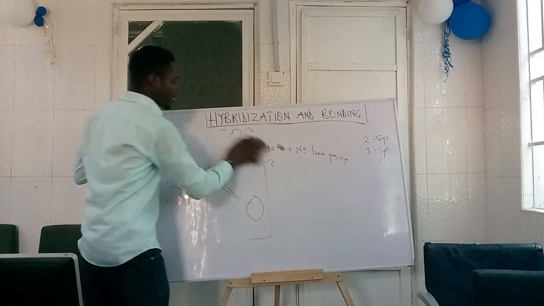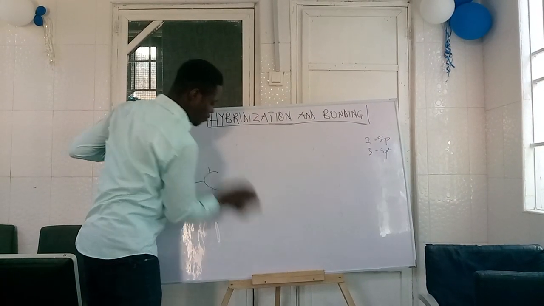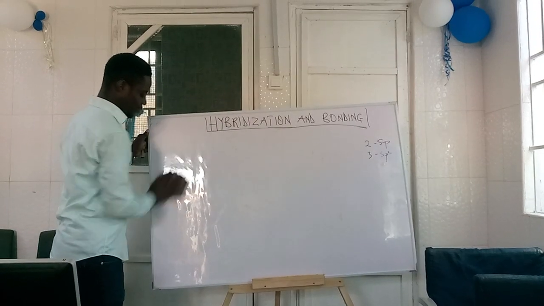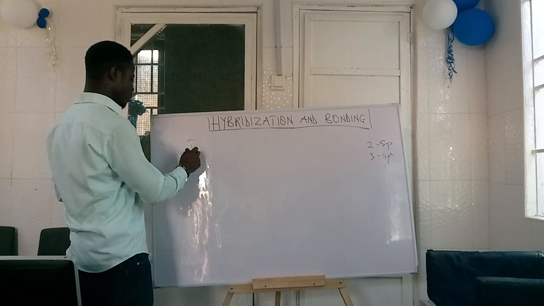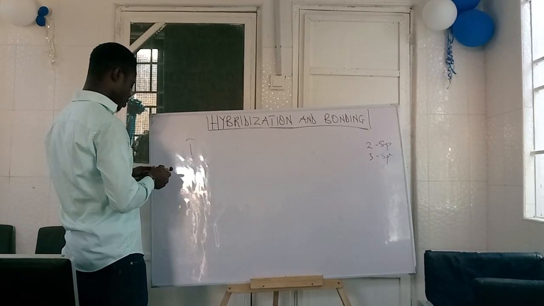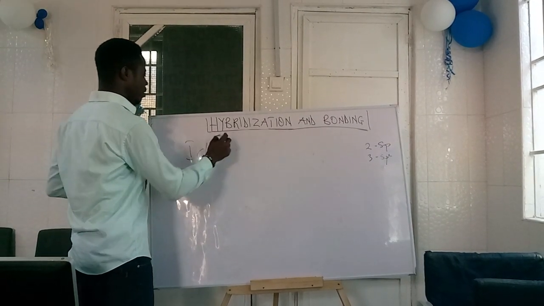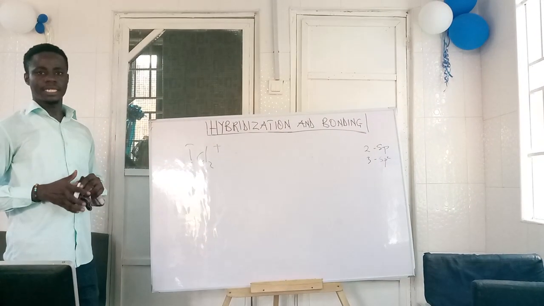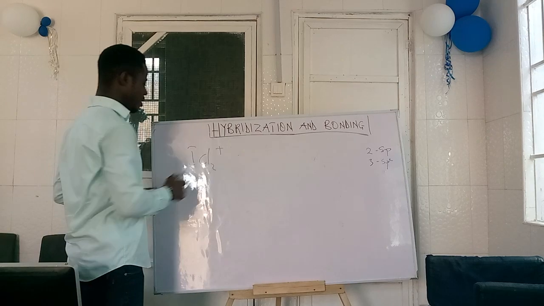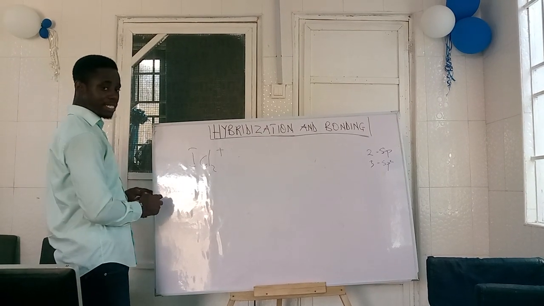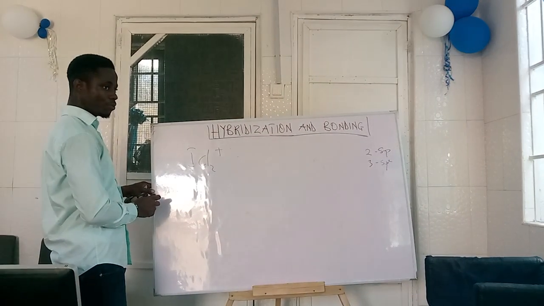Let's look at another example, and I'll give you some examples to try on your own. Let's assume I have iodine chloride, carrying a plus charge. Iodine belongs to group 17 on the periodic table.